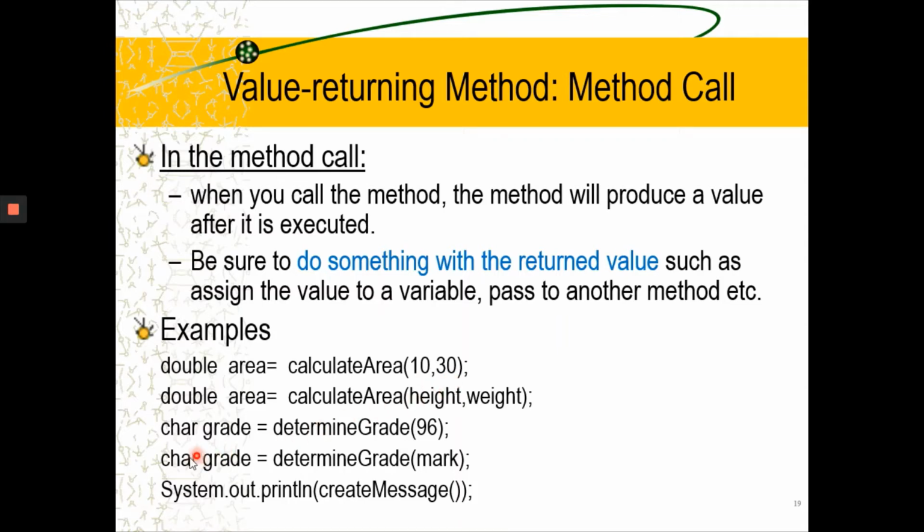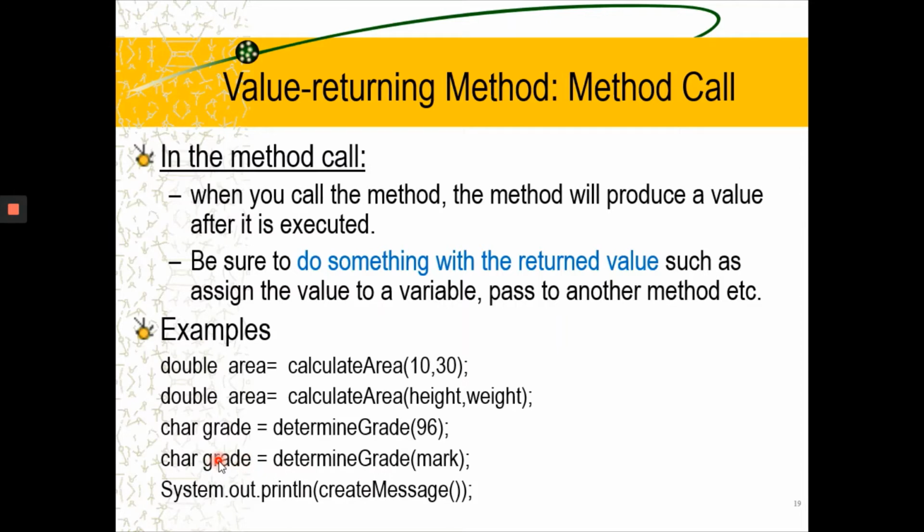Similarly, we have determine grade, and you send 96 and you will get the grade. The grade which is returned by the method will be sent to this variable, grade. Another example is to call method determine grade, and you are sending a mark, and the method will return to you a grade, and the grade will be held by this variable grade.